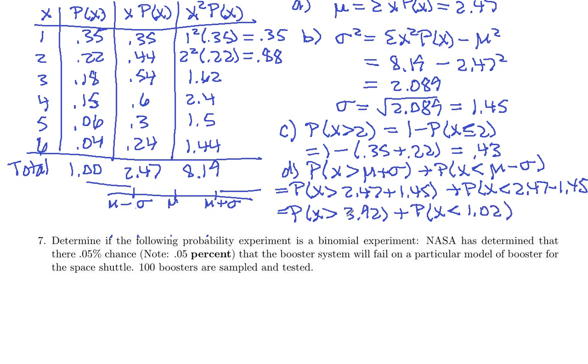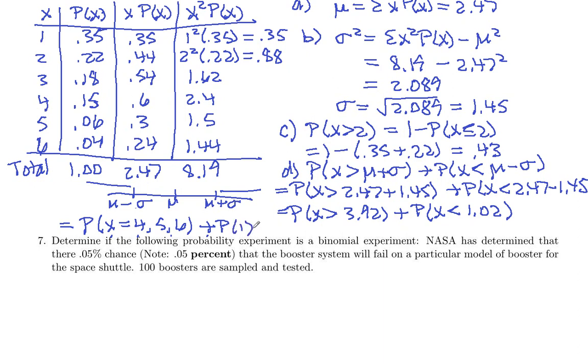So if you're greater than 3.92, we look at these values. The ones that are greater than 3.92 are 4, 5, and 6. So this would equal probability that x equals 4, 5, 6, plus probability, if x is less than 1.02, there's only one x value that's less than 1.02, 1.